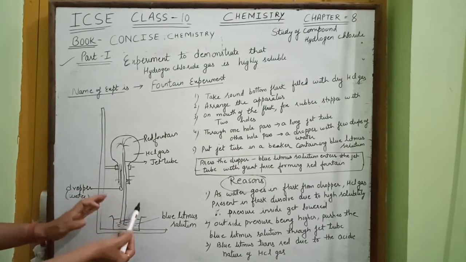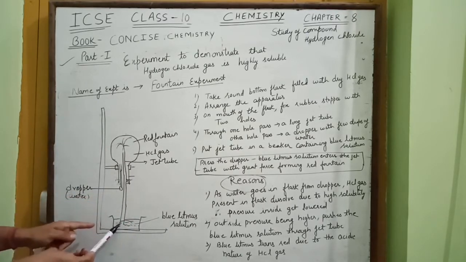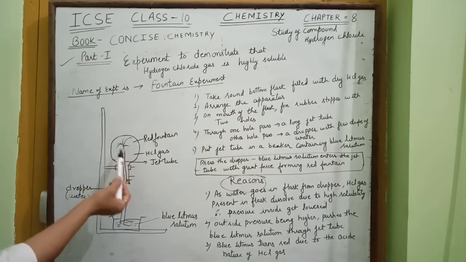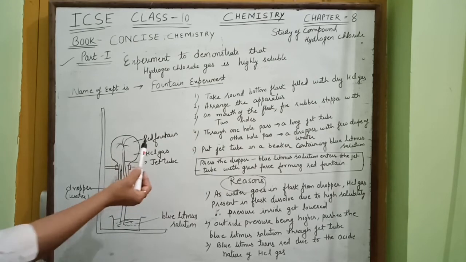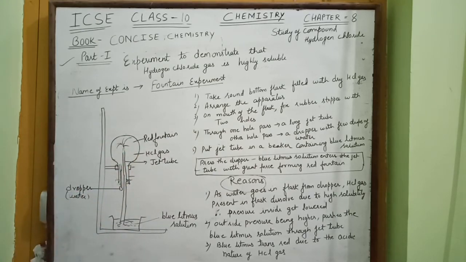The outside pressure being higher pushes the blue litmus solution through the jet tube, and when this blue litmus solution enters this jar full of hydrogen chloride gas, a red fountain forms because hydrogen chloride gas is acidic in nature.